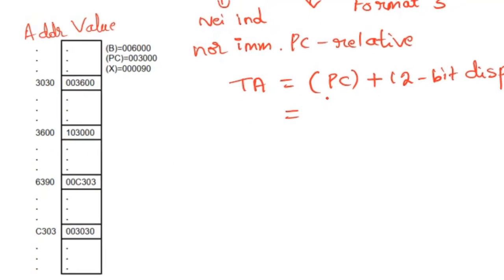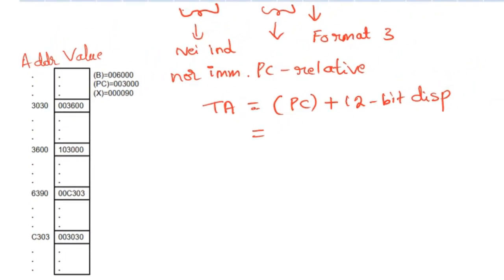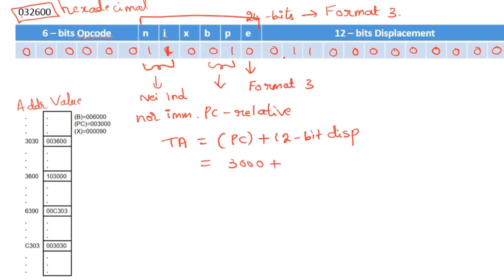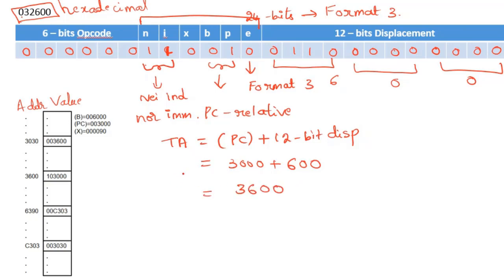Okay, now what is the contents of PC? PC is 3000. What is 12-bit displacement? Where can I get the 12-bit displacement? It is over here. 12 bits of displacement is here. How much is it? This is 6, this is 0, this is 0. Right? So 600 is the 12-bit displacement. So if we add it together, we will get 3600.